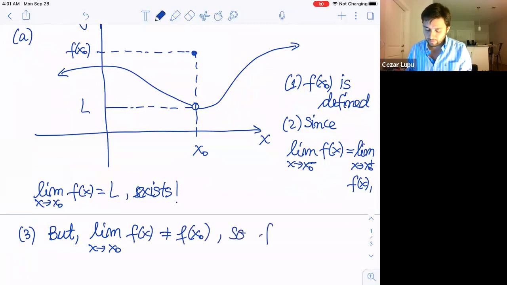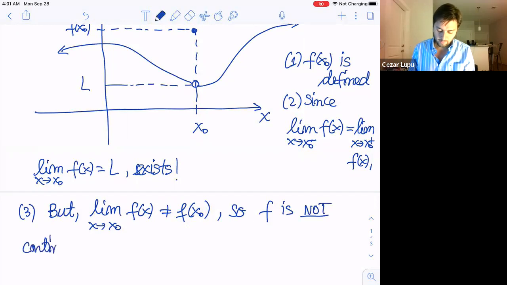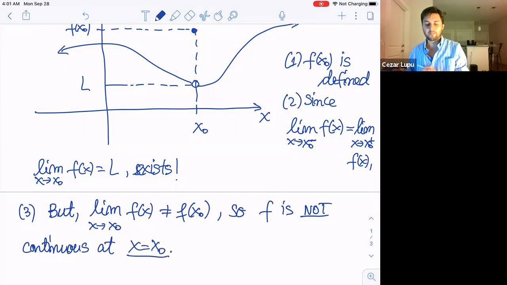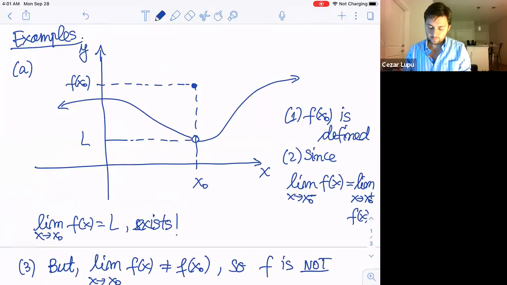So f is not continuous at the point x equals x naught. All right. So you see it has a hole here. So let me mention this as a hole. That's why we have problems.